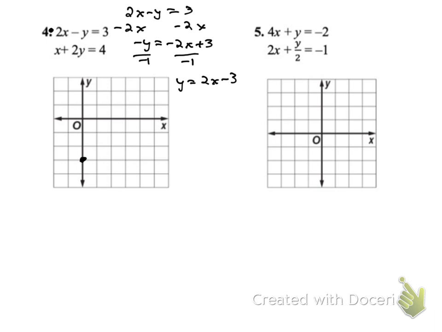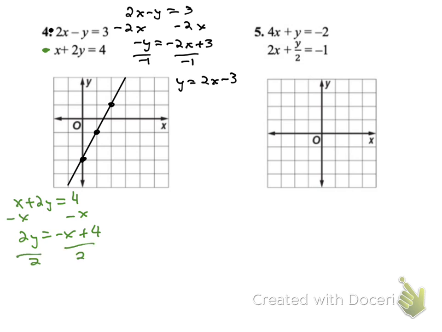The y-intercept is at -3, then up 2, right 1, and I would have my line. For my second line, I subtract x, which gives 2y equals -x plus 4. I divide by 2 and get y equals -1/2 x plus 2.